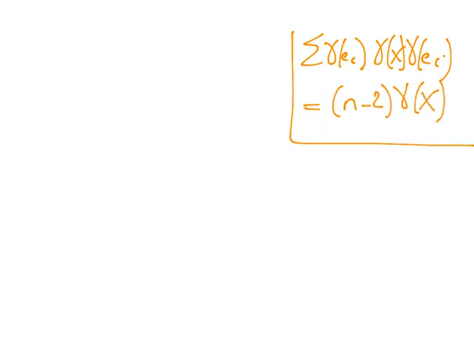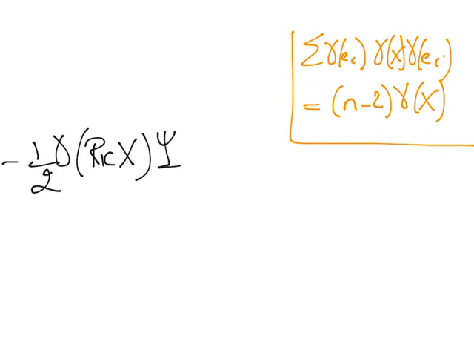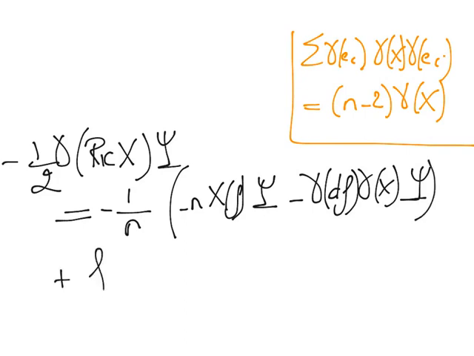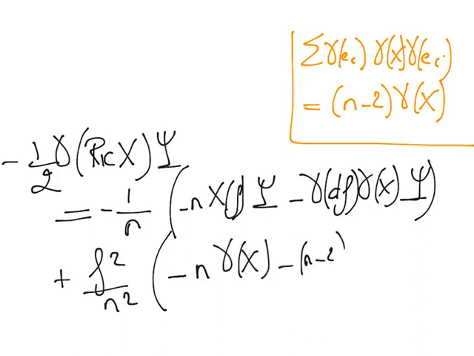So I will get minus half the Clifford multiplication of Ricci x psi is equal to again minus 1 over n, n x(f) psi minus gamma df gamma x psi plus, of course, f squared over n squared, n gamma x minus n minus 2 gamma x psi.